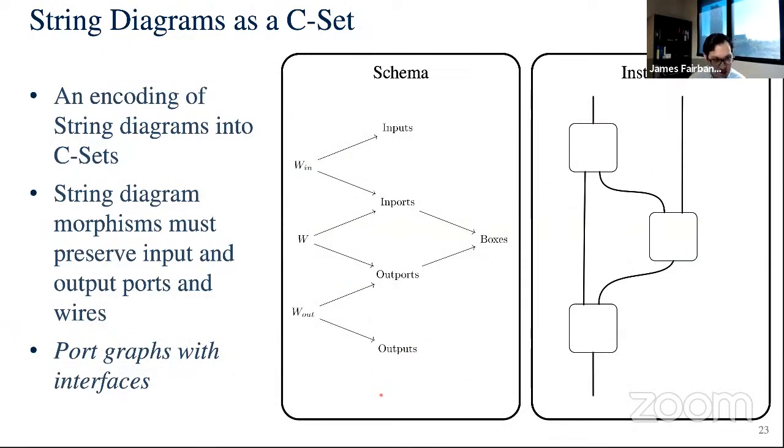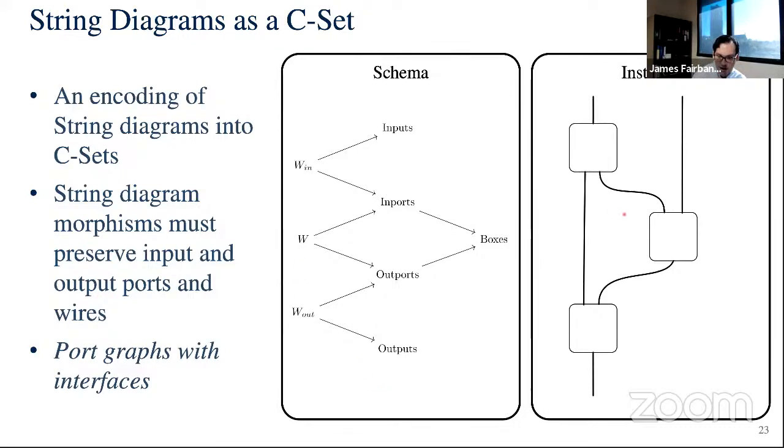I want to talk about string diagrams, where I'll first show you how we were doing string diagrams before Pavel's talk in the GReTA seminar a couple of weeks ago. Then I'll show you the Catlab implementation of Pavel's approach. This is how we were doing it, which you might think of as port graphs with interfaces.